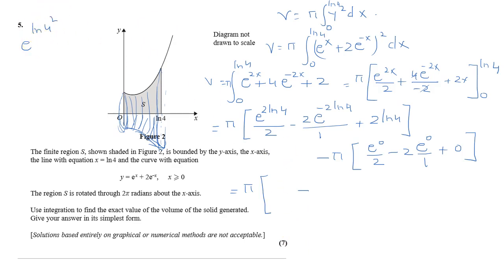Let me simplify it here so that you understand. That is e to the power ln 4 squared is 16, the e to the power and ln cancel, so this is 16. 16 over 2 will be 8, minus 2, now e to the power ln 4 to the power minus 2 is equal to 1 over 16, and the 2 is up there, so this is minus 1 over 8, plus 2 ln 4.